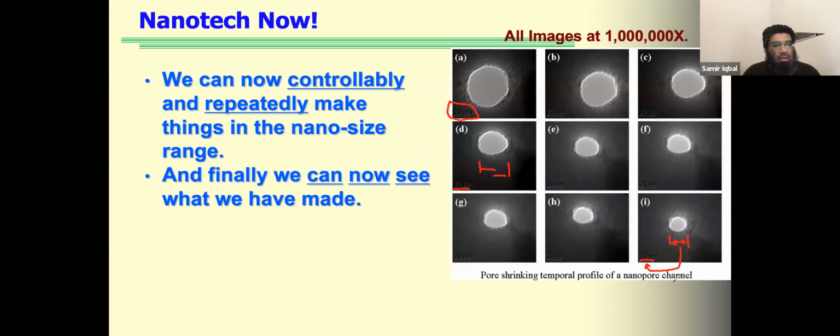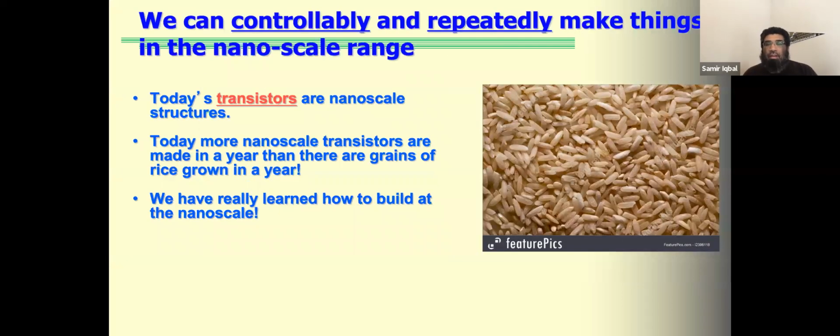Now, is it just in the labs or does it have a real world impact as well? I came across this idea a few years ago, and this is still true. We like to eat rice, right? Have you ever counted the number of grains of rice in your bowl? No, it's almost impossible to count them. But we make more transistors every year than we produce grains of rice every year.